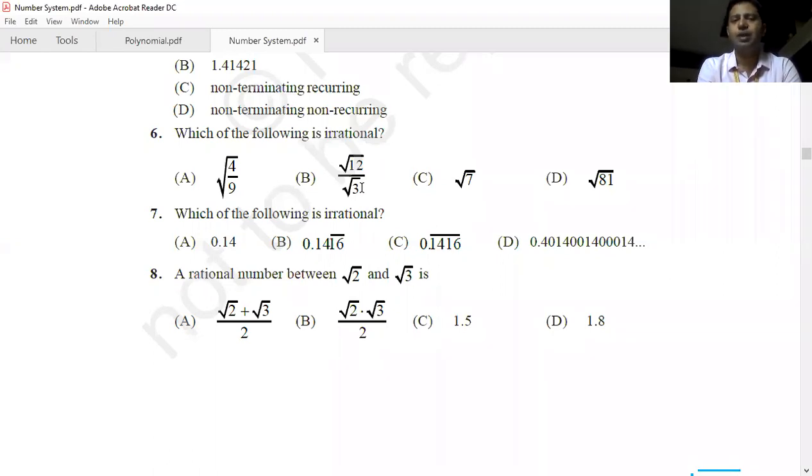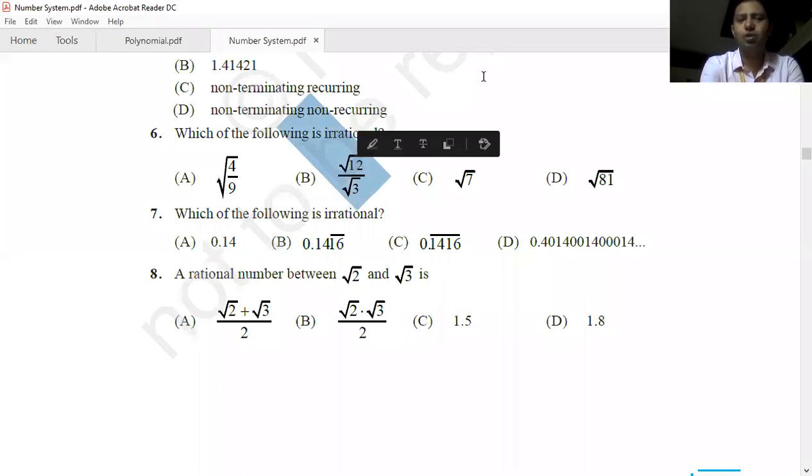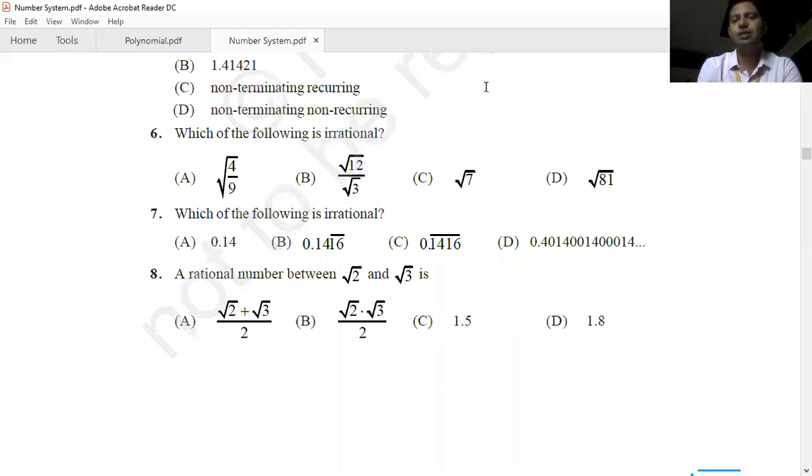So 2 root 3 upon root 3, and root 3 and root 3 will get cancelled. The answer will be 2 only. Root 81 is nothing but 9 only. So root 7 is the right answer, which is not rational, that is irrational. The C part is the correct answer.